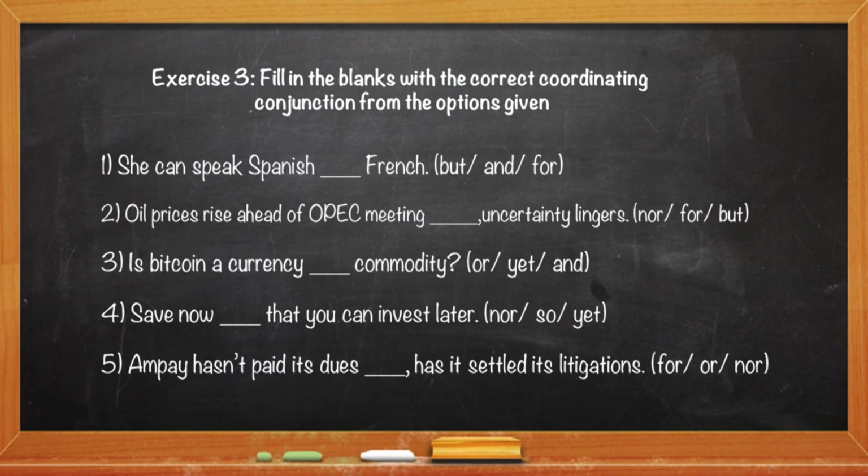Is Bitcoin a currency, dash, commodity: or, yet, and? Save now, dash, that you can invest later: nor, so, yet. MP hasn't paid its dues, dash, has it settled its litigation: for, or, nor.